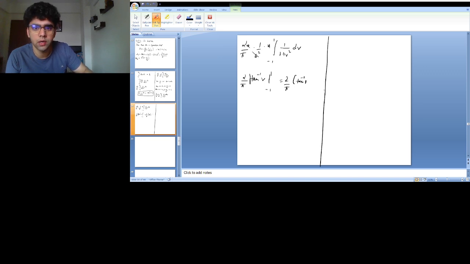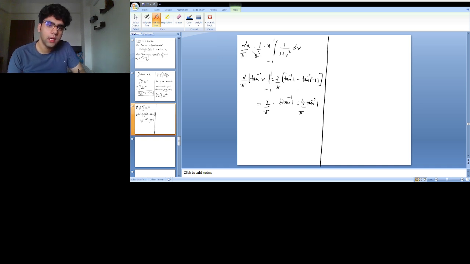Let me just write this again. So this becomes 2 upon pi, tan inverse 1 minus tan inverse minus 1, right? So this becomes 2 upon pi into 2 tan inverse 1. So this is 4 upon pi into tan inverse 1.